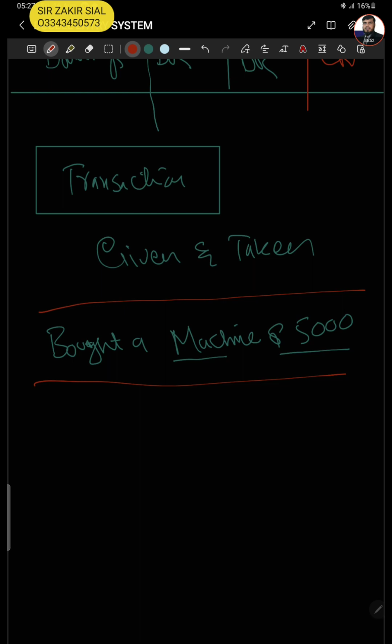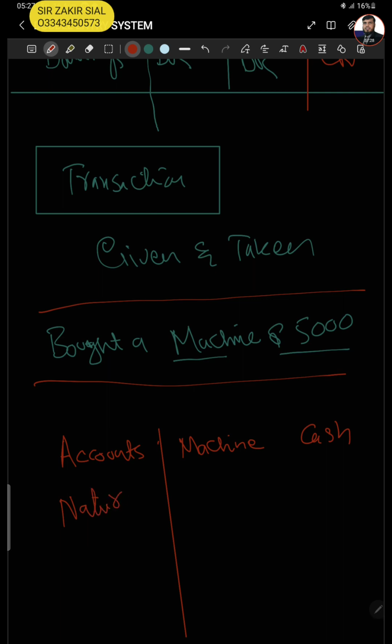Now, how do we record this transaction into the accounts? First of all, we see which accounts will be used. Here two accounts are involved, machine and cash. Then we check what is the nature of these accounts.